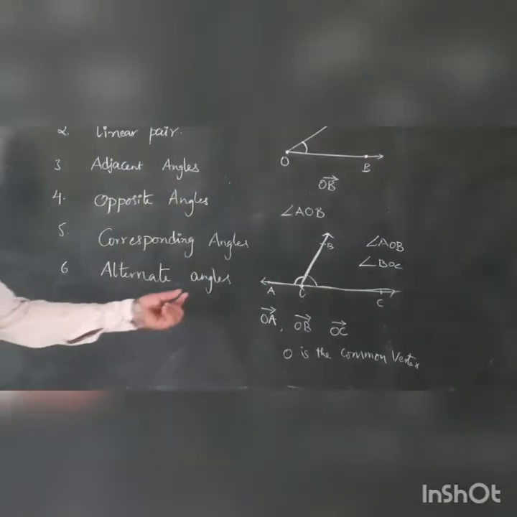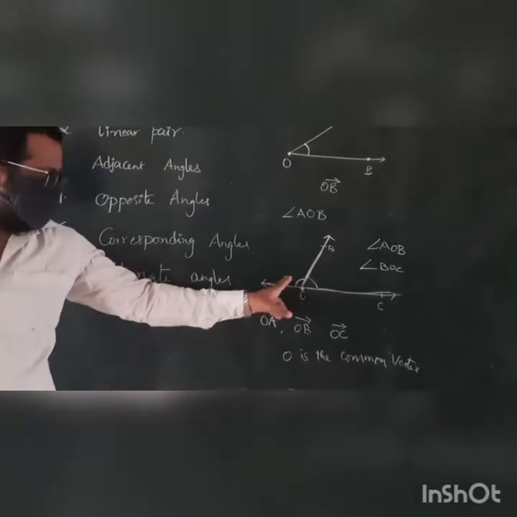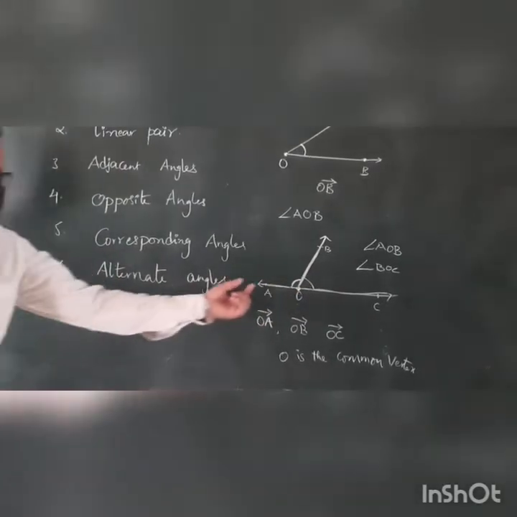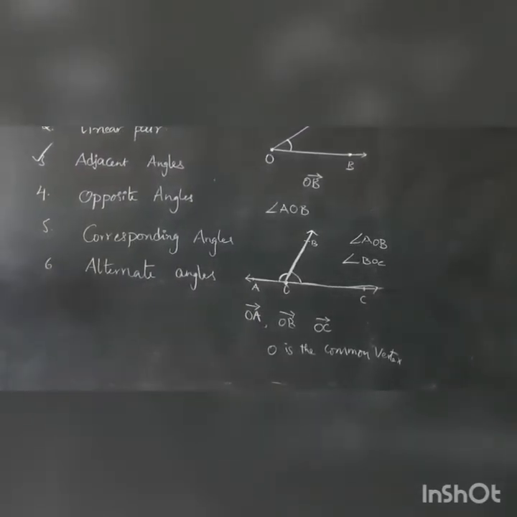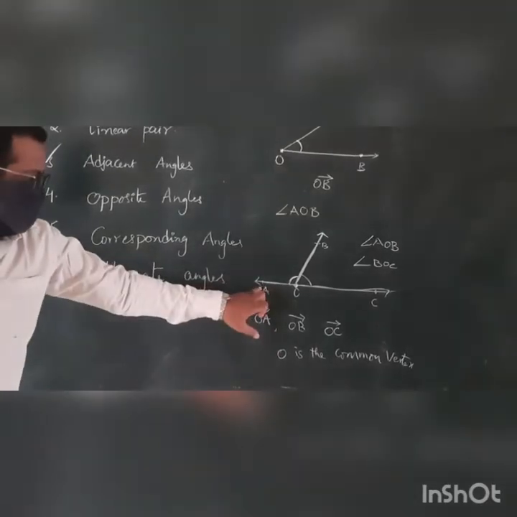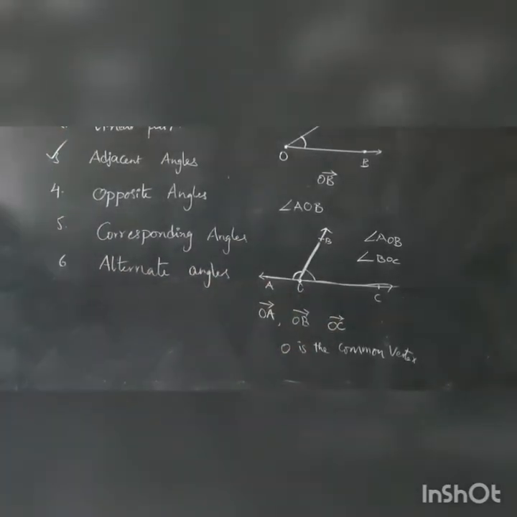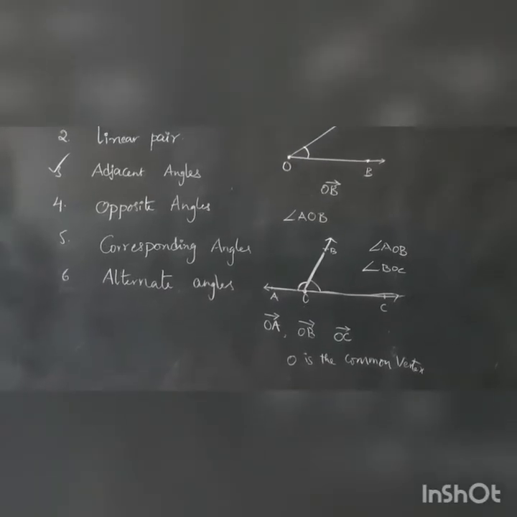If you observe, this angle lies beside the other angle. One angle lies beside the other angle. So we call those two angles adjacent angles. What is the meaning of adjacent? Adjacent means side by side. Here AOB and BOC are lying side by side. So we call those two angles adjacent angles.